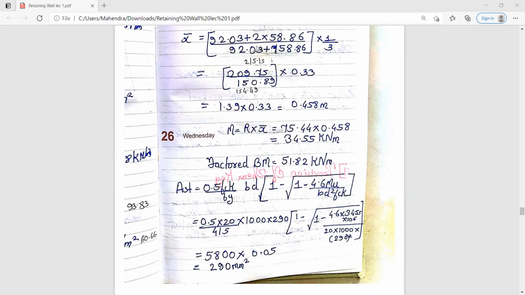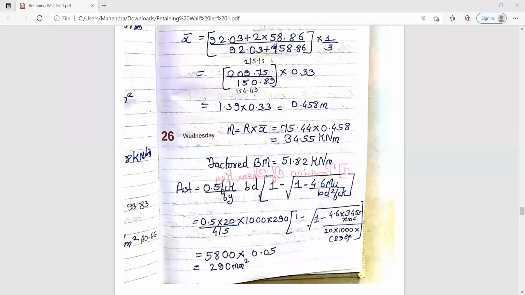After doing the calculations for the AST, let me know so that we can proceed further. Okay, done up till here.